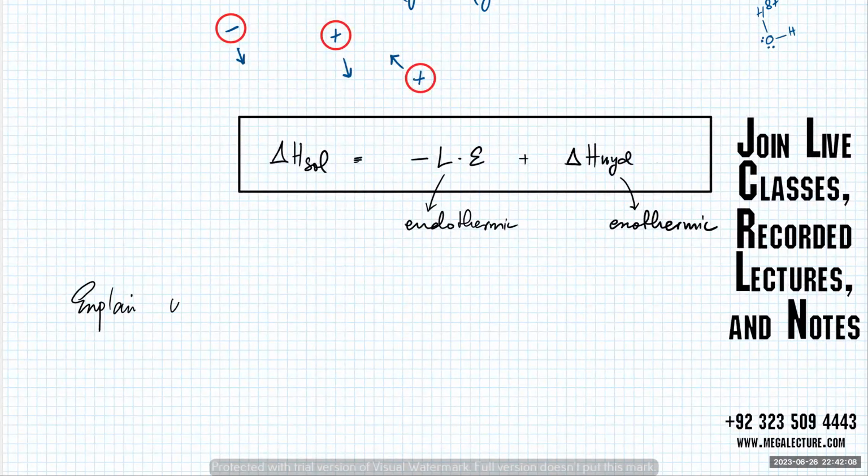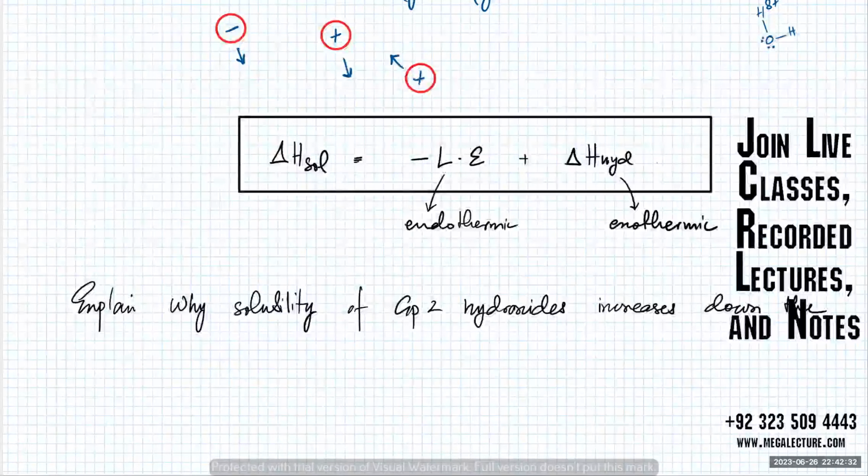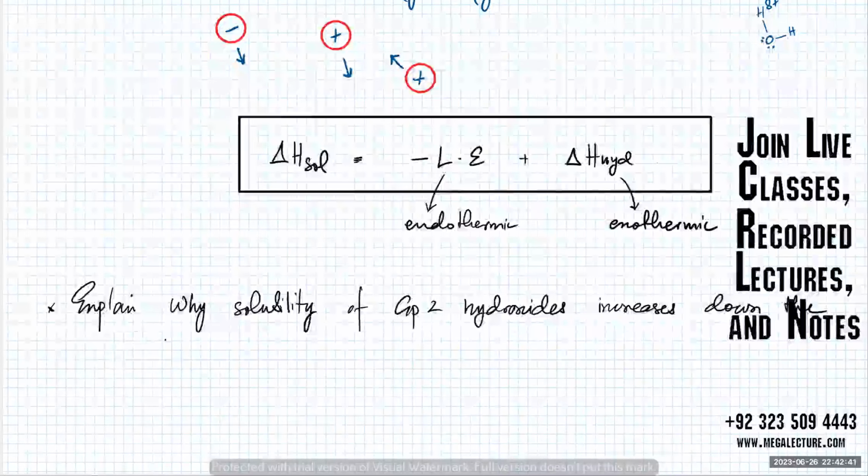So explain why solubility of group 2 hydroxides increases down the group. So increases down group 2.